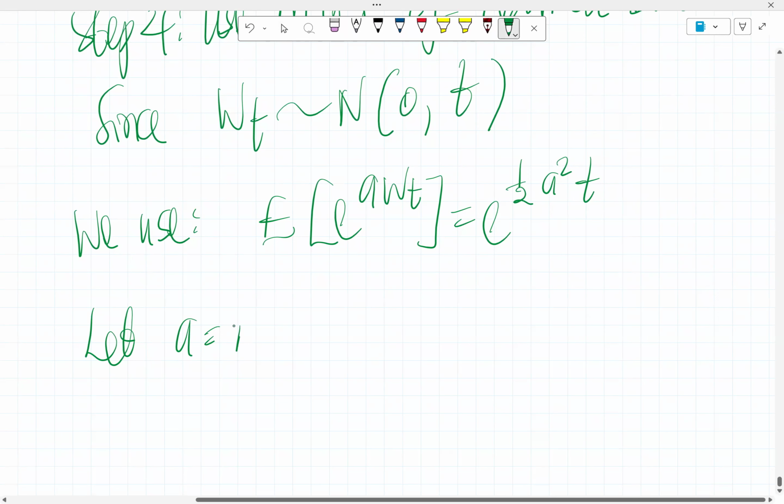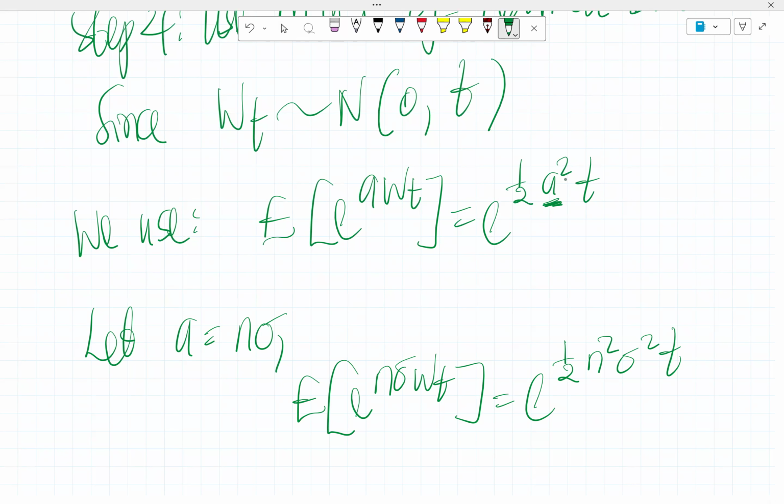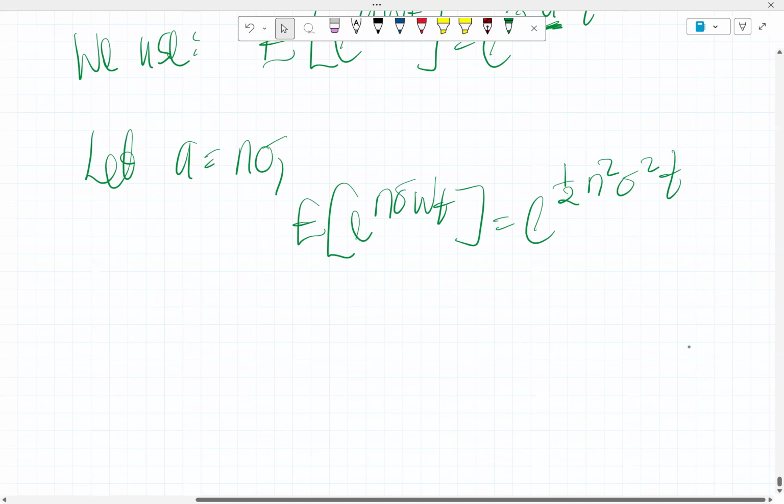If we let a be n sigma, that means the expected value of e^(n sigma W_t) is simply going to be e^(half n squared sigma squared t), because a is n sigma, so n squared sigma squared t.